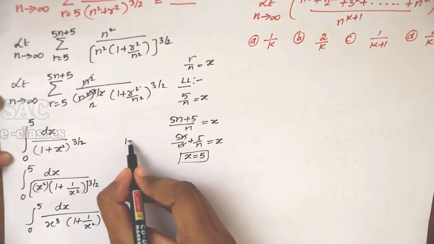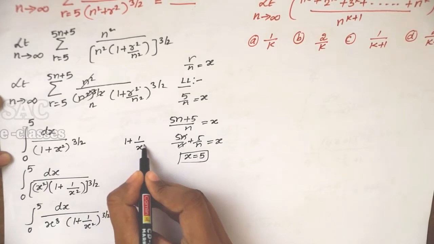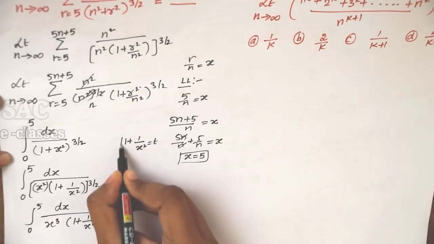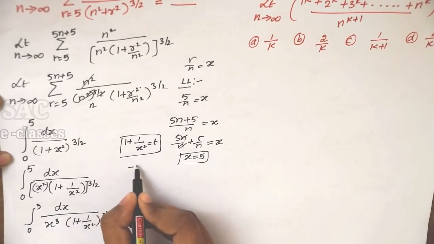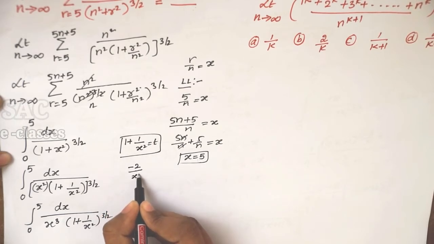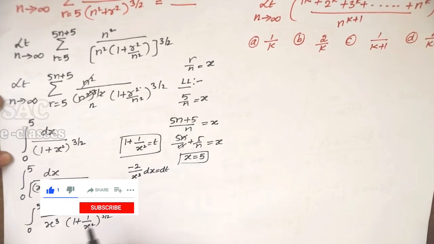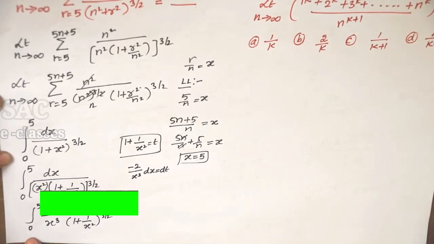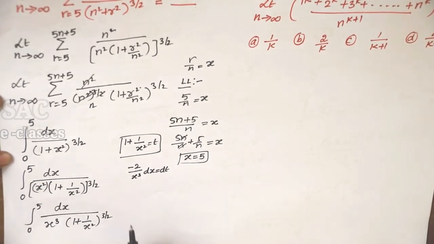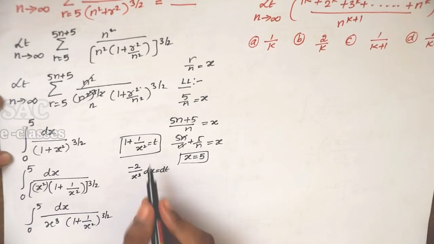Then let us assume that 1 plus 1 by x square is t. Minus 2 by x cube dx will become dt. I am trying to find out the integration of this one with the help of a variable t.